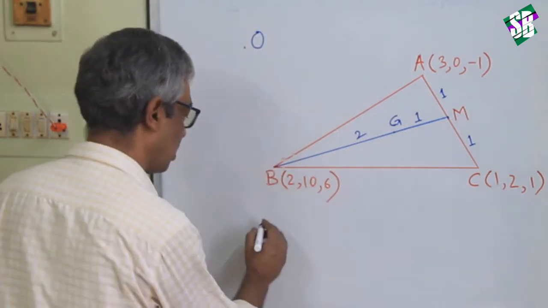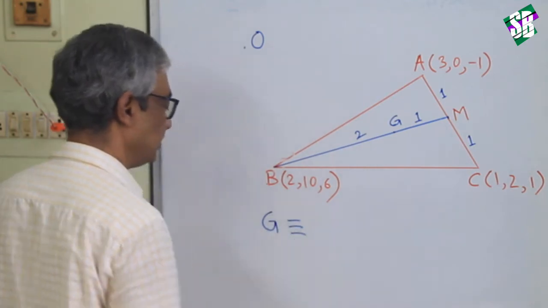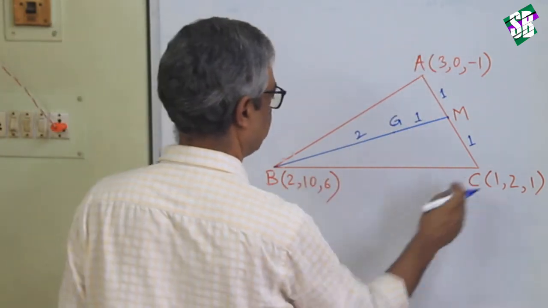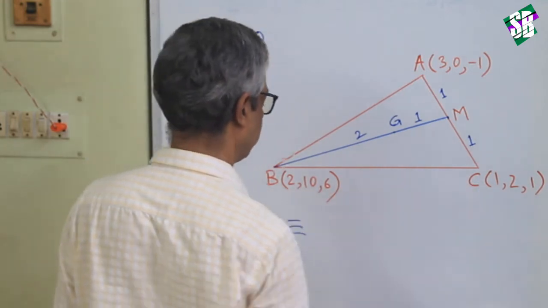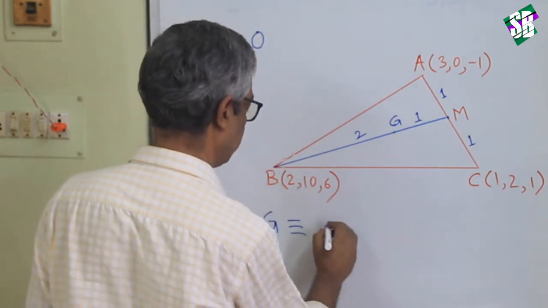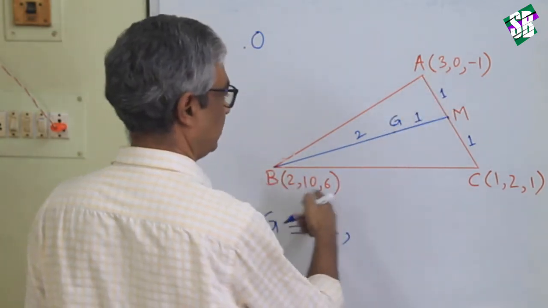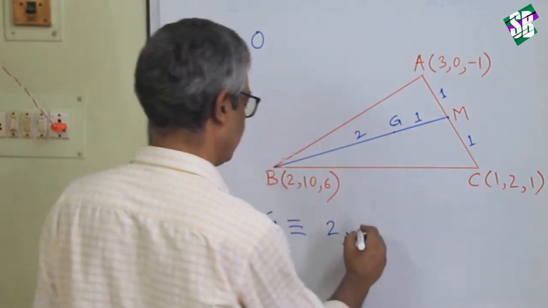So what will be the position vector of G? It must be this plus this plus this, divided by 3. So 3 plus 2, 5, 5 plus 1, 6, 6 by 3 means 2. 10 plus 2, 12, 12 by 3 is 4.